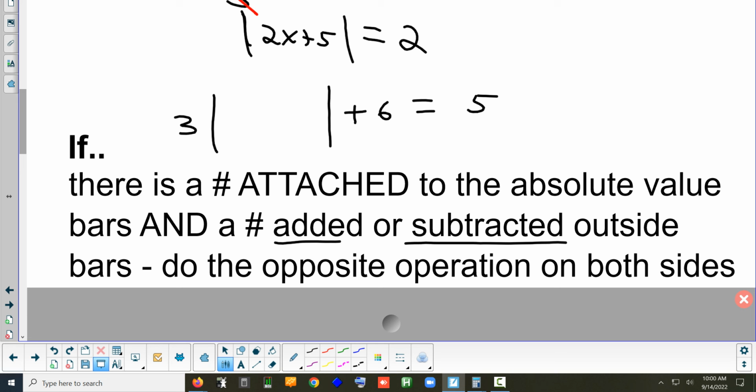This has 2 problems. The first one is you have a plus 6, and the second one is you have a number attached to it. We have to fix both of those.